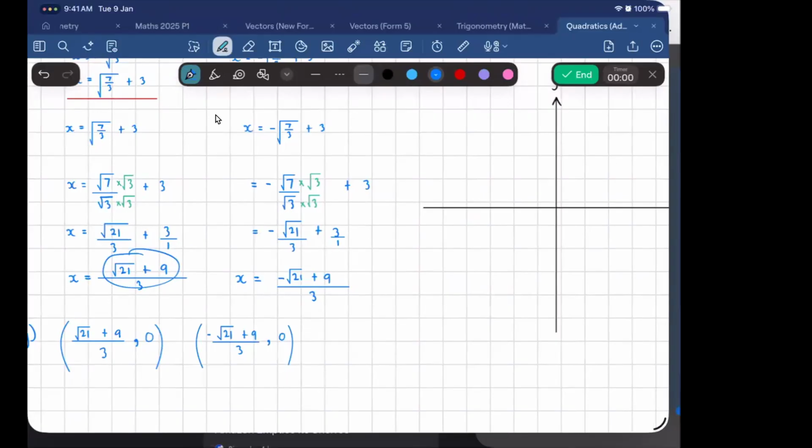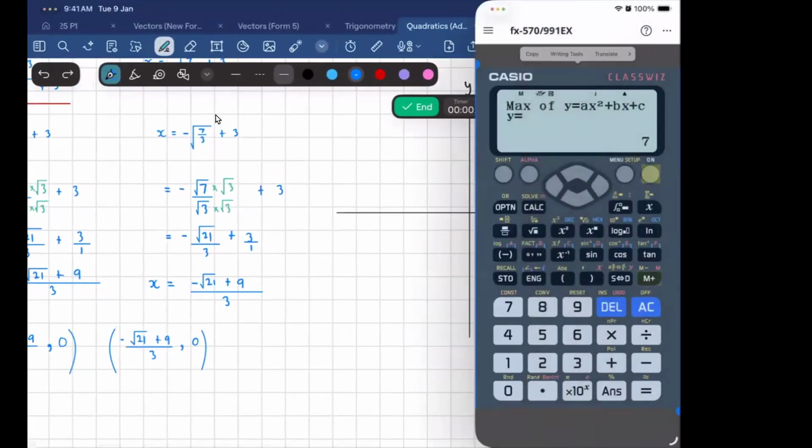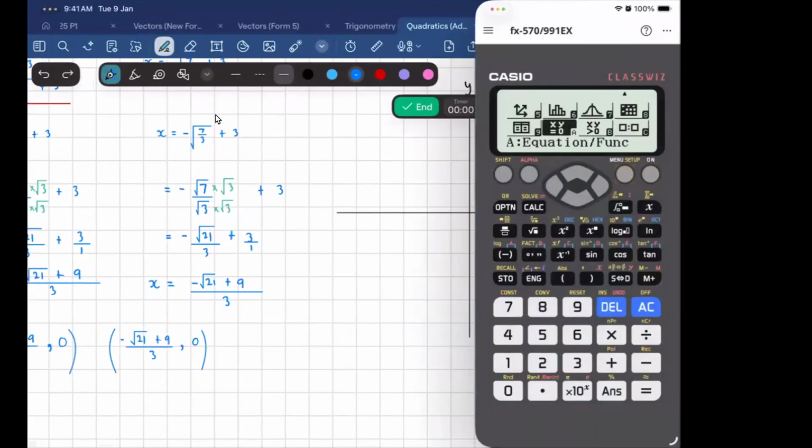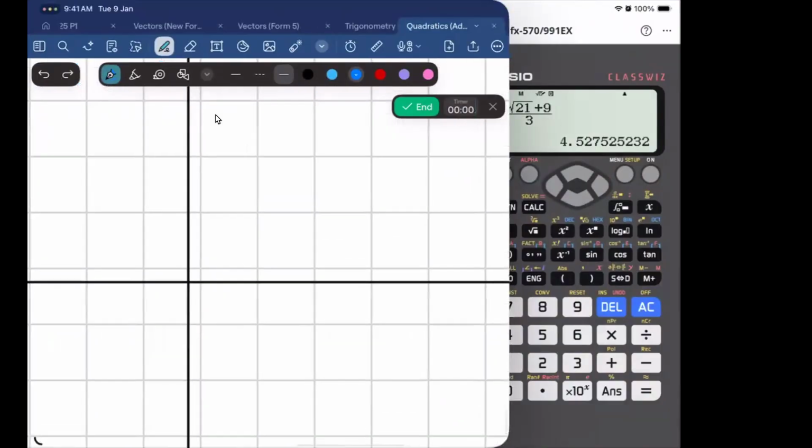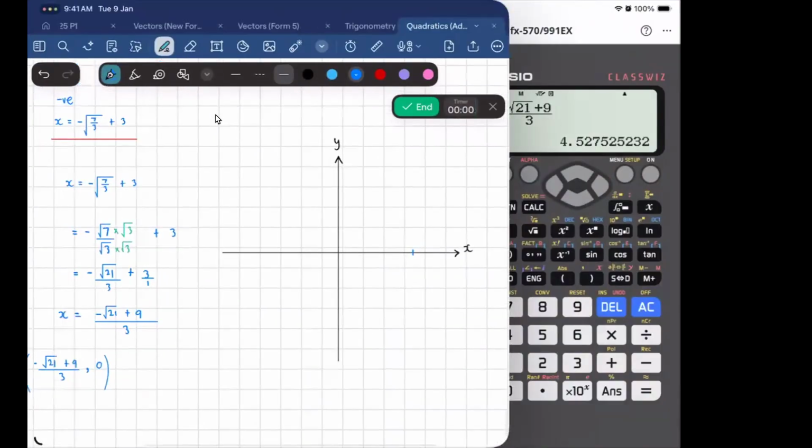What decimal are we looking at? I'll work it out quickly. So it'll be root 21 plus 9 all over 3. That would be 4.52. So we could place that over here, right?